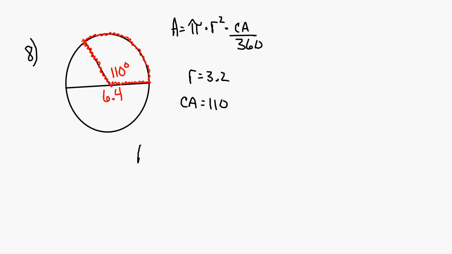So your area is going to be equal to pi times 3.2 squared, 10.24, times 110 over 360. So your area is going to be equal to 10.24 times 110 divided by 360. It's 3.13 pi. And push times pi button equals 9.83.